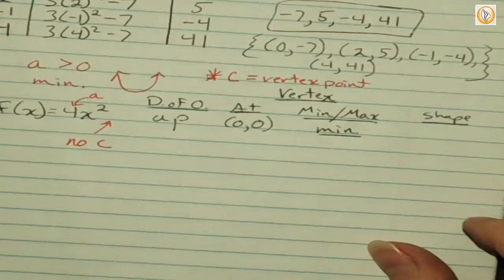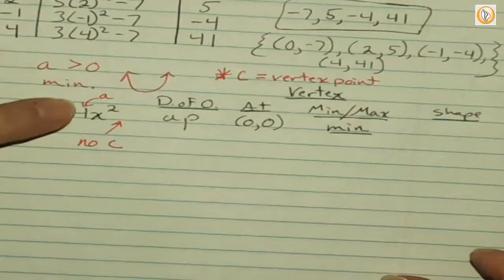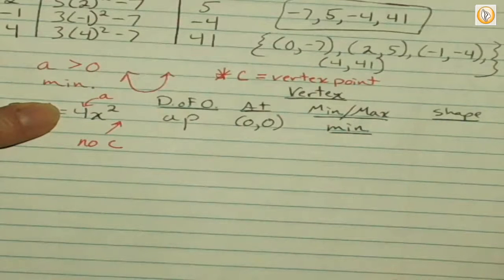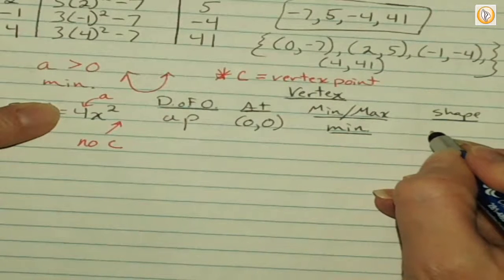Okay? So, that's that whole absolute value of A. So, Morgan, what's the absolute value of 4? 4. Is it greater than or less than 1? Greater than. So then, is it steep or fat? It's fat. It ate too many cupcakes.